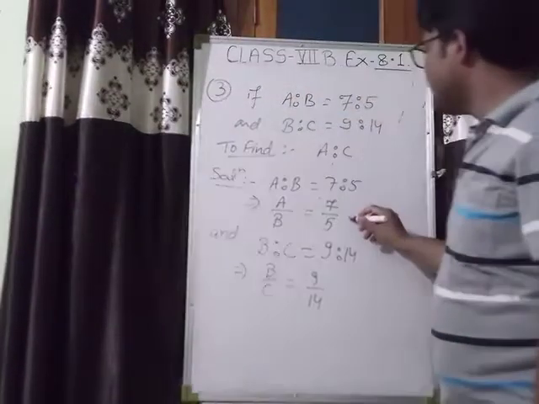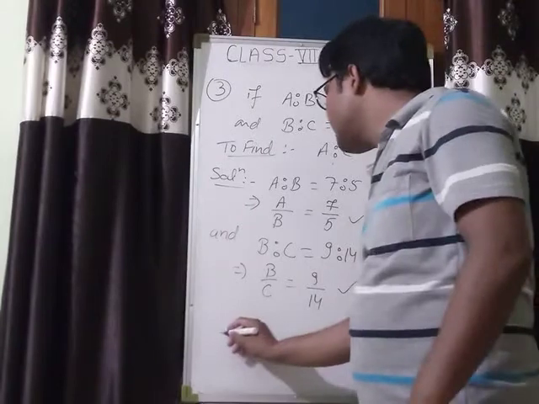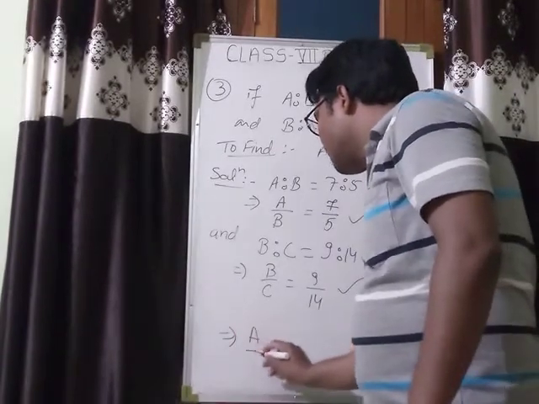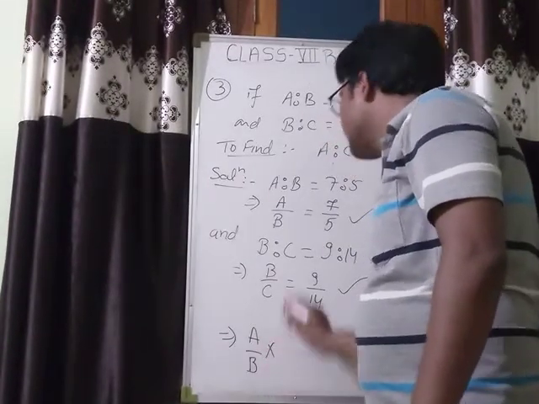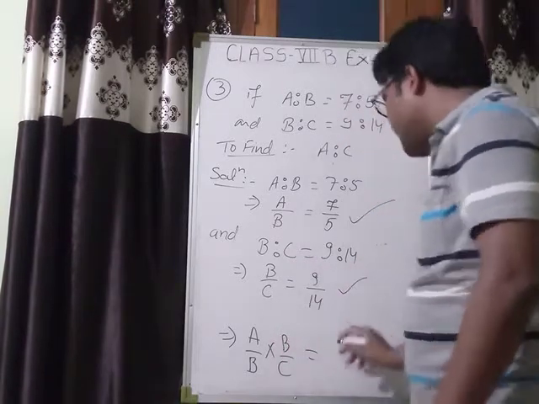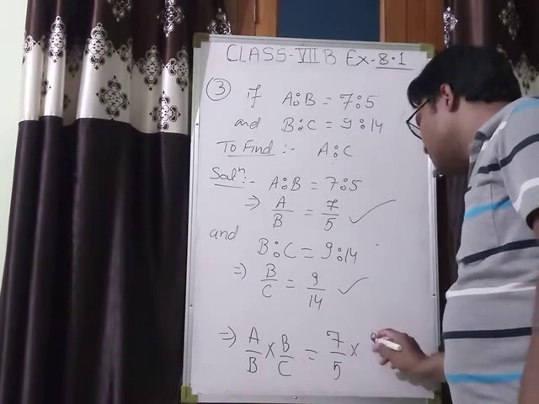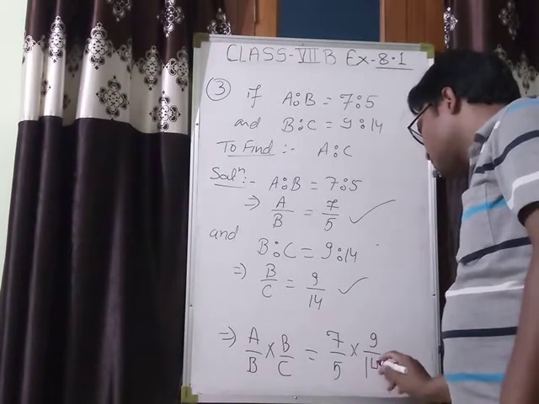Now multiply this one and this one, left with left and right with right. What we have? A upon B into B upon C, that is 7 upon 5 into 9 upon 14. Got it?